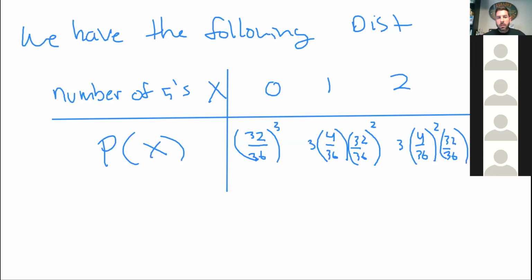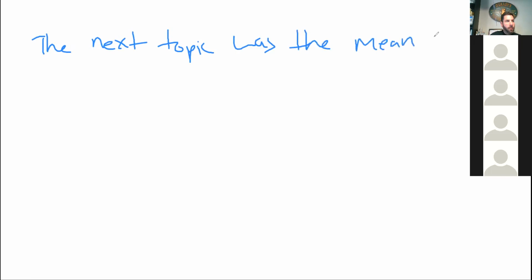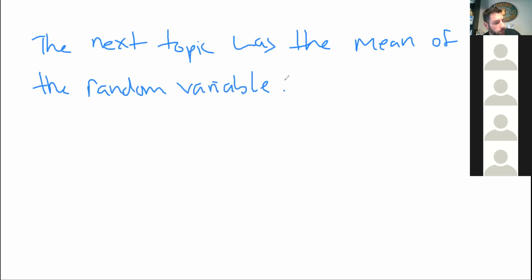All right, so what was the next topic we had? So the next topic was what we call the mean or the expectation of these things. And we did an example of that.